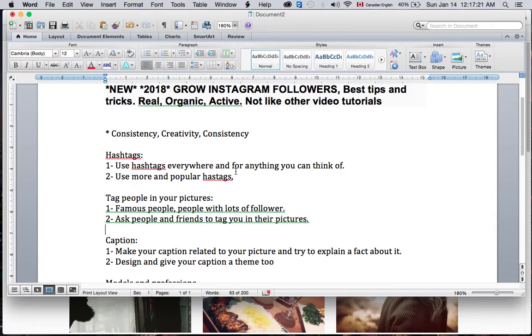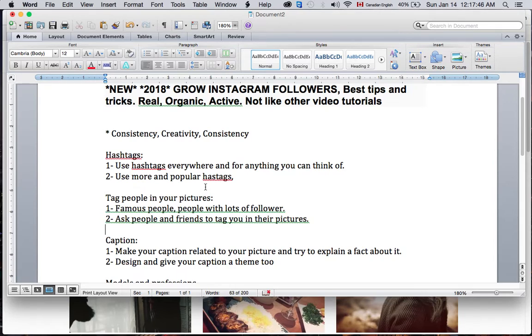in a tourism place, museum, anywhere, always try to use hashtags related to your story and the picture that you share with your friends. Use more unpopular hashtags, so you can easily find them, and I'm sure that some of you have a list of hashtags already in your head. The most important and popular hashtags, you can always use them on your post.